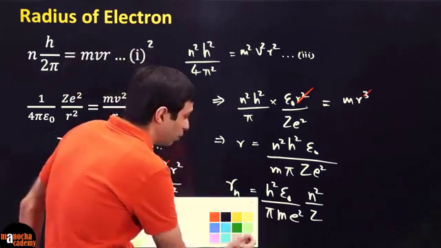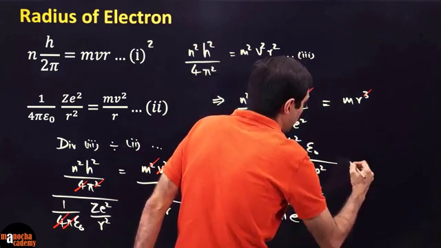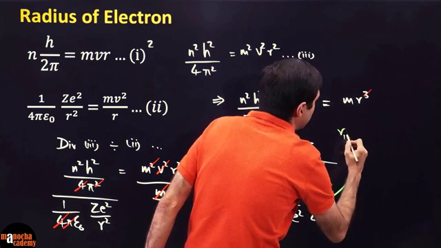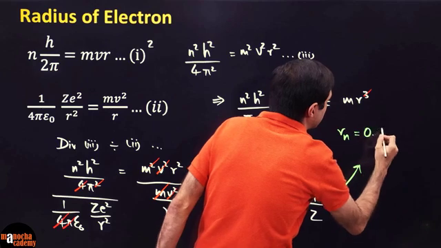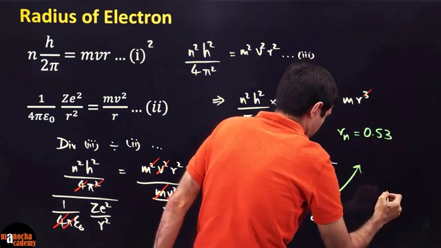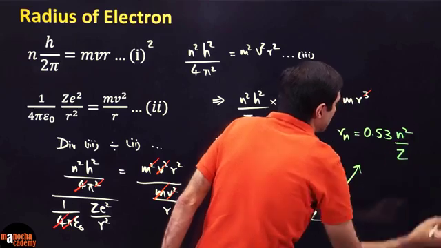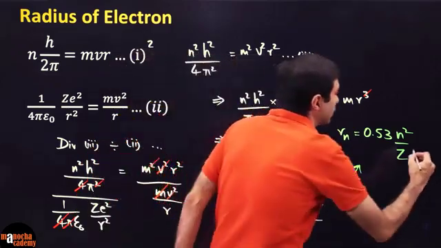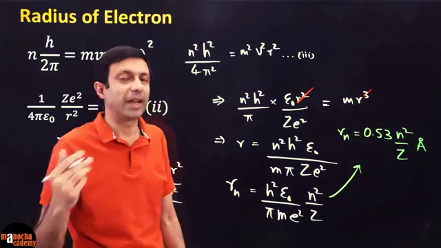So if you substitute all the values over here, your equation will finally become Rn is 0.53 n square by z. And this is the radius of the electron in angstroms. Remember, angstrom is 10 to the power minus 10 meter.